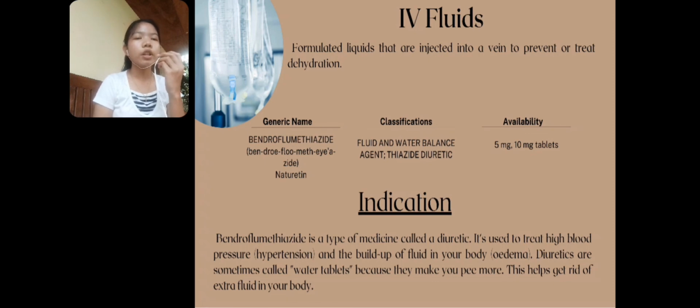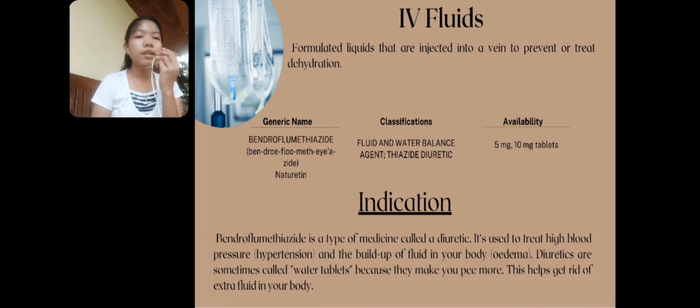Availability for this medication is 5 milligram and 10 milligram tablets. IV fluids using isotonic saline or lactated Ringer's solution are best for intestinal obstruction and help to stop dehydration.